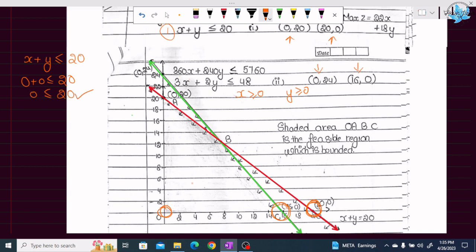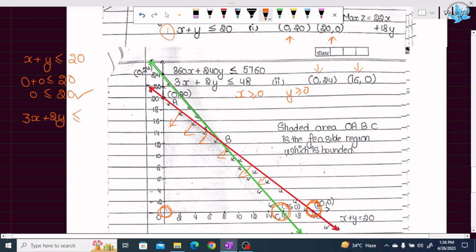So we can see 0 is less than 20 and it satisfies the equation. So it means towards the origin is my shaded area.